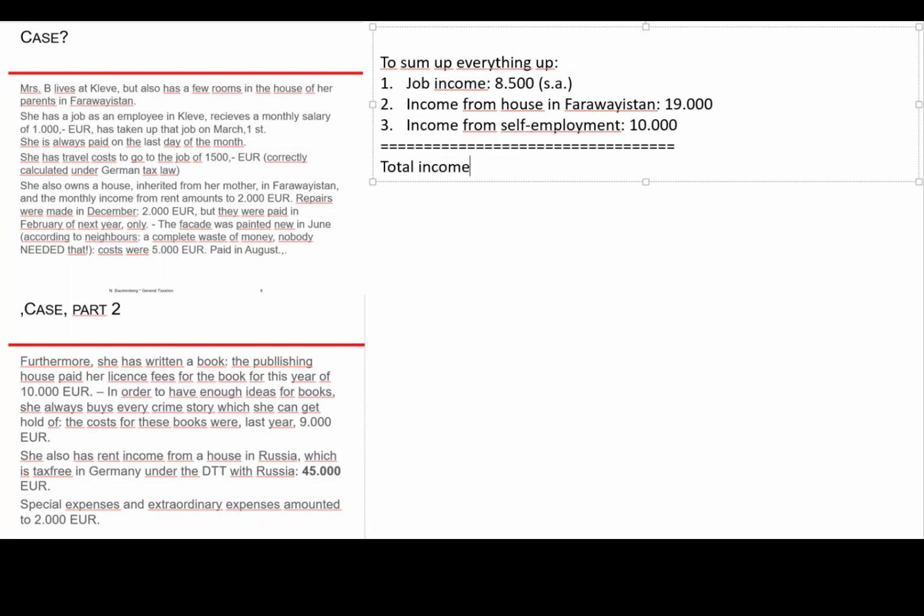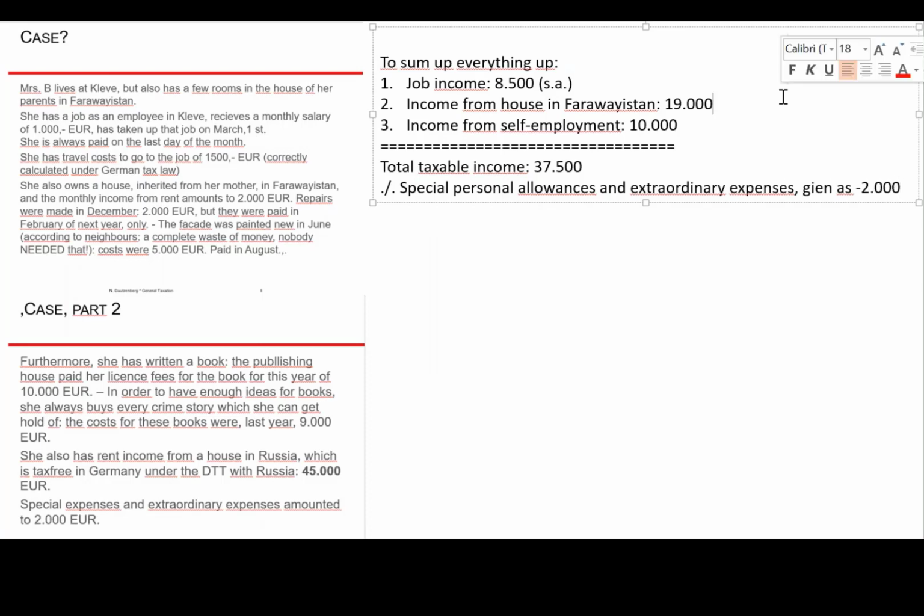Total taxable income, total from the types of income, you can call it as you want to, 30,500, minus special expenses, special personal allowances, and extraordinary expenses, given as minus 2,000.